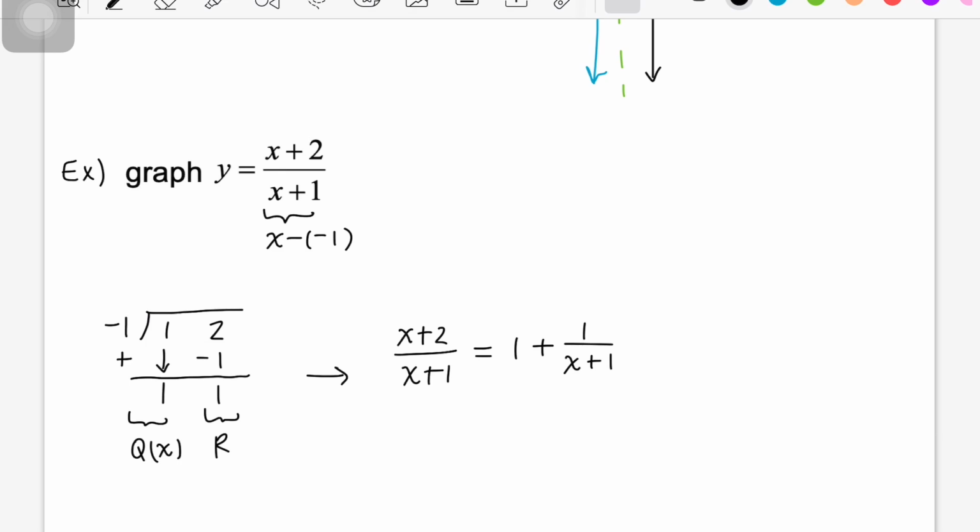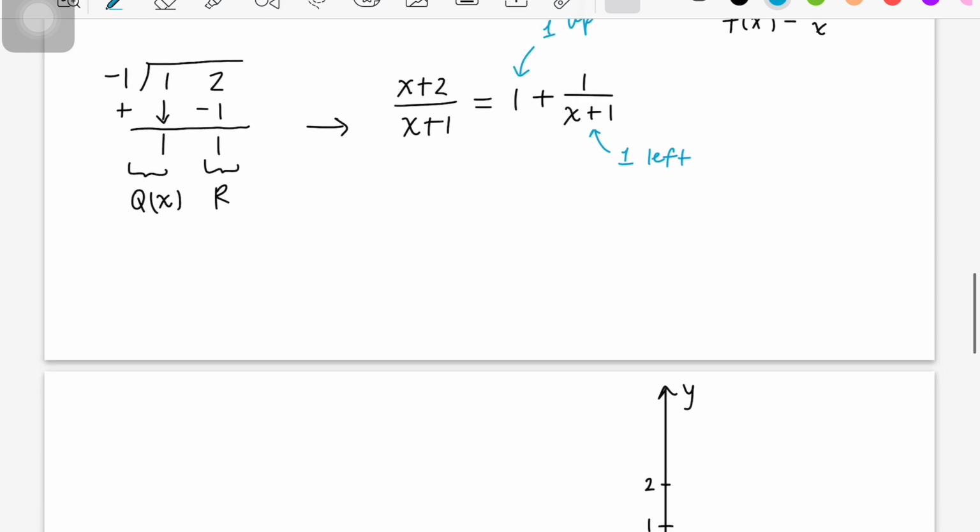So now it becomes clear exactly what our translations are of our parent function. This tells us that our parent function, which remember is 1 over x, is going to be shifted again 1 unit to the left. And then this here tells us that it's going to be shifted 1 unit up. All right.